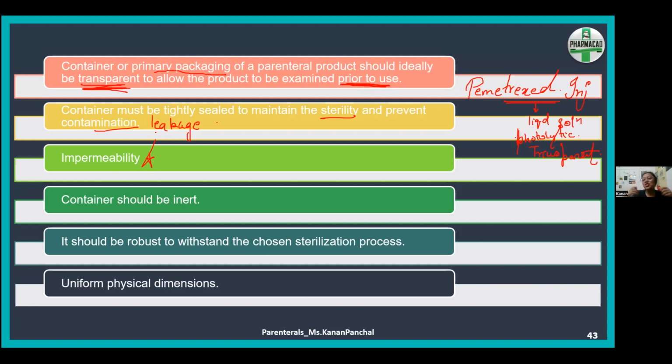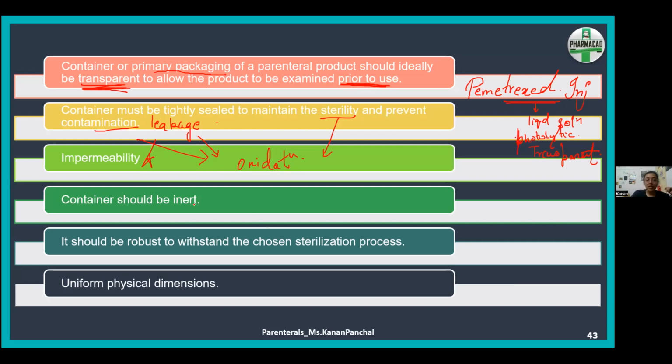It shouldn't leach its substances into the formulation, वरना उससे भी contamination होगा. If it is not impermeable, वापस same problem होगा, sterility का, leakage का, contamination का, degradation through oxidation. Say if it is permeable to the atmospheric air, then oxygen can seep in and it can initiate oxidation.